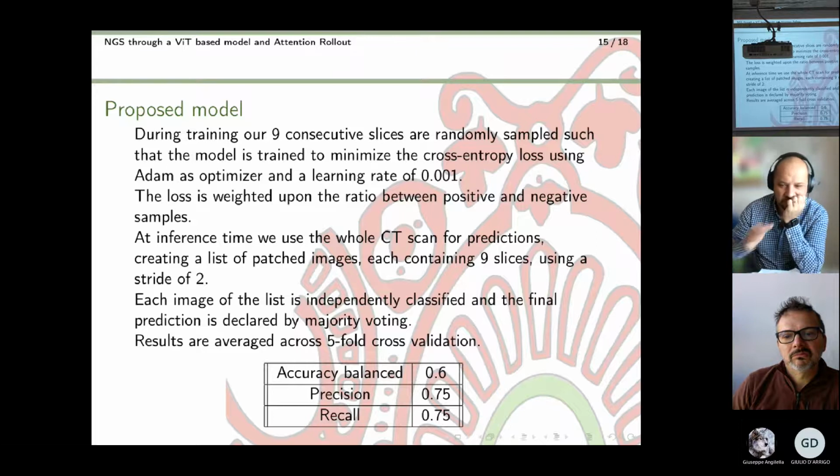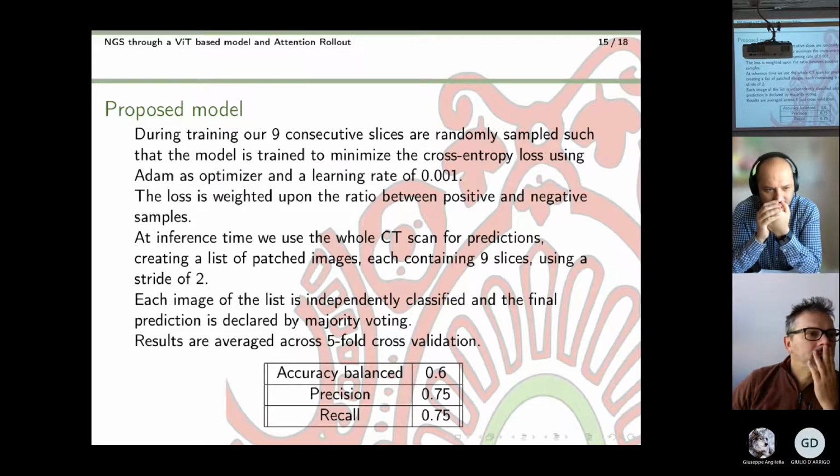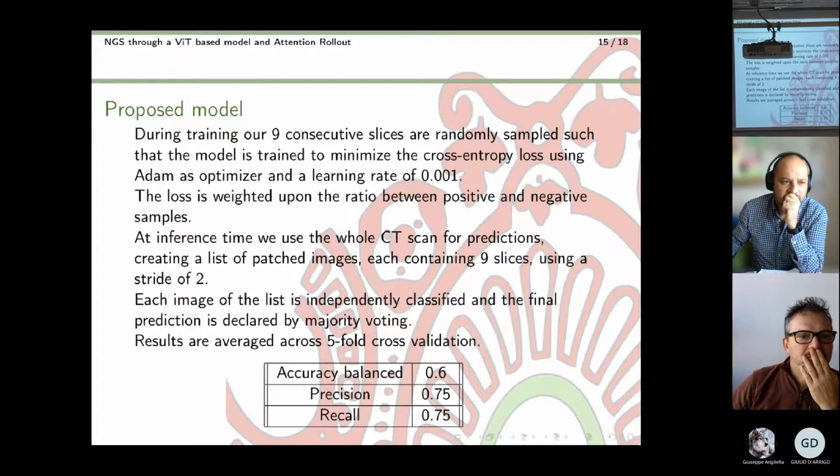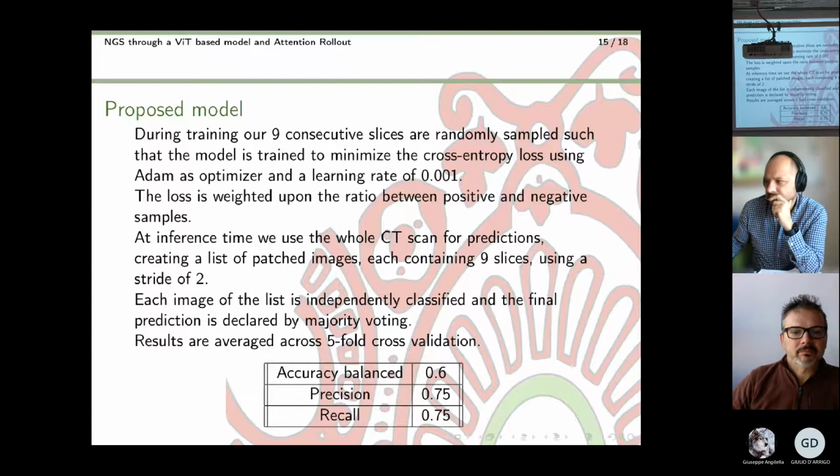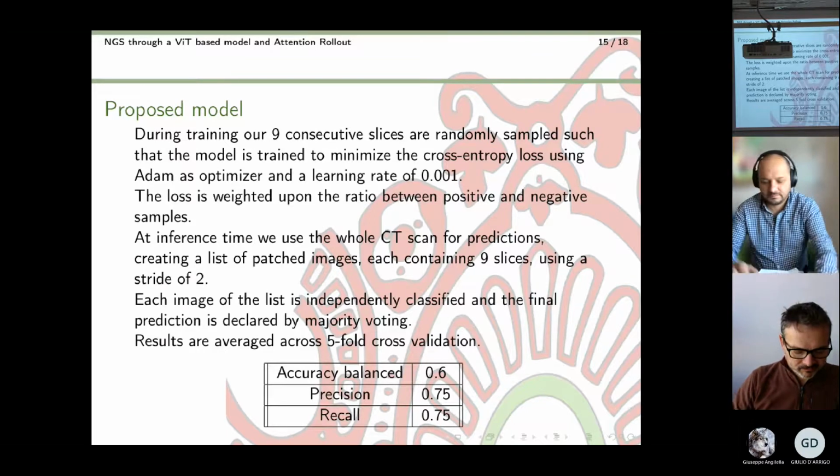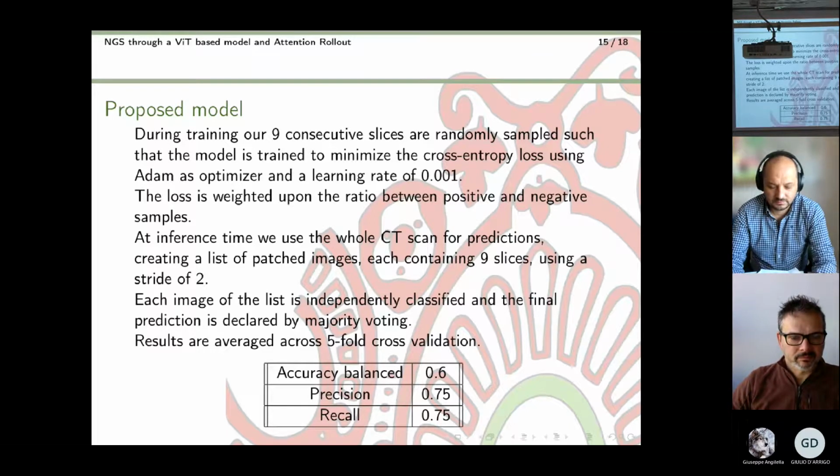At prediction time, we used the whole CT scan, creating a list of images, each containing 9 slices, using a stride of 2. Each image of the list is independently classified, and the final prediction is declared by voting.